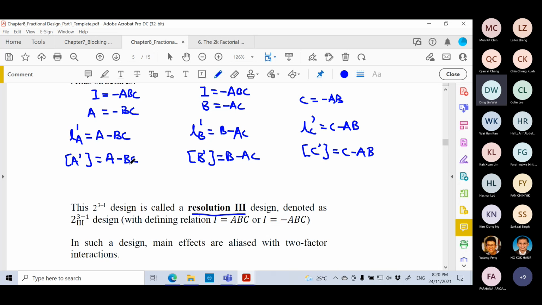Oh, okay. So the sign will be reversed when we count the effect, like A and BC, the sign will be different? Yes, the sign will be different, because we need this sign later on when we combine the complement and the principal. You can see that the sign will be very important.